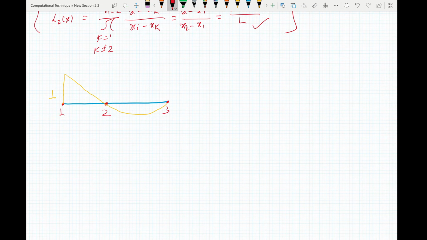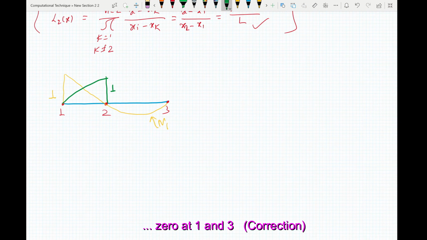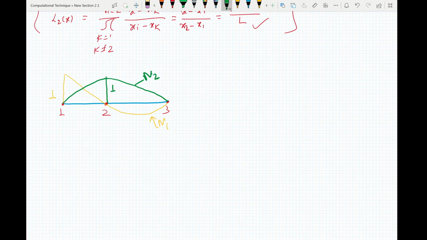Now if you plot n2, if I use a different color for n2, your n2 must be 1 here, and it should be 0 at nodes 1 and 3. Now for n3, this one must be equal to 1, and these must be equal to 0. So this is n3, the orange one. So this is how your shape functions should differ.